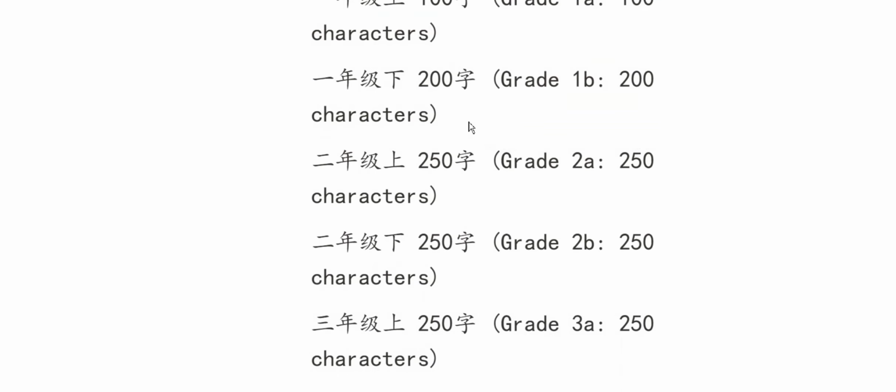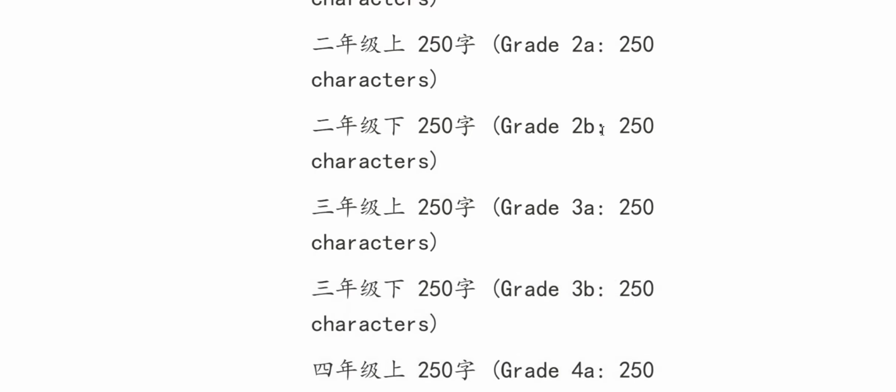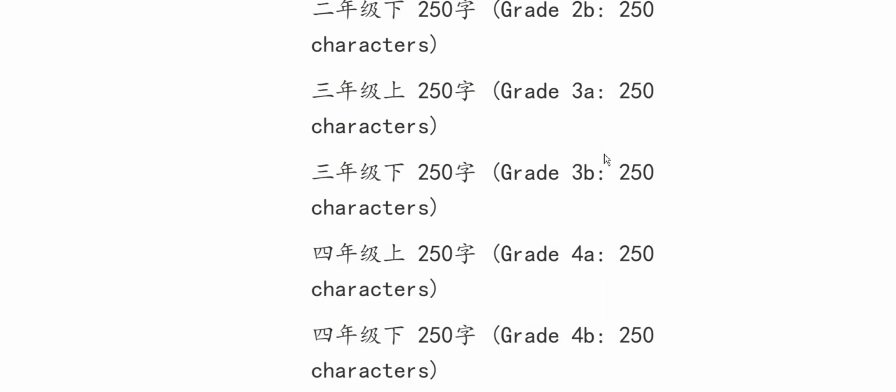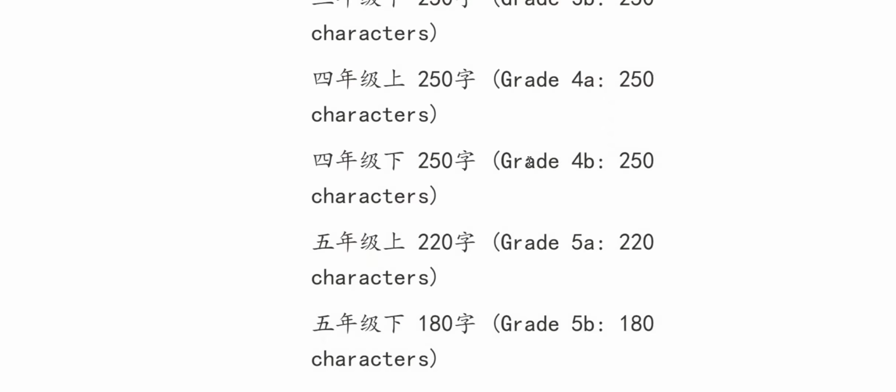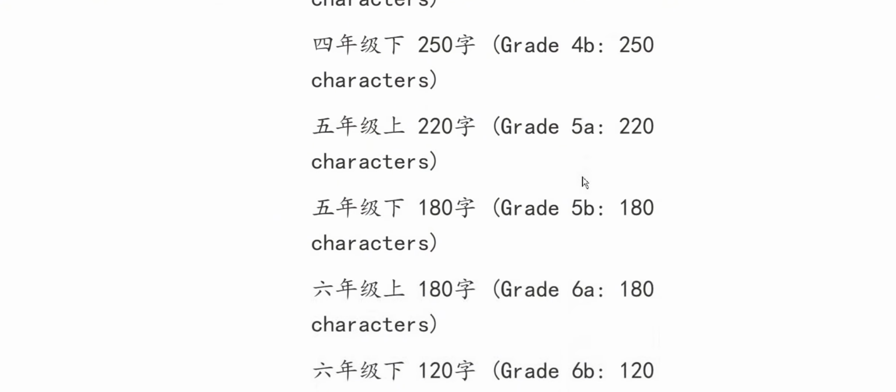Based on these 300 very basic characters, we can construct new characters from grade 2A. In grade 2A, we will learn 250 new characters.